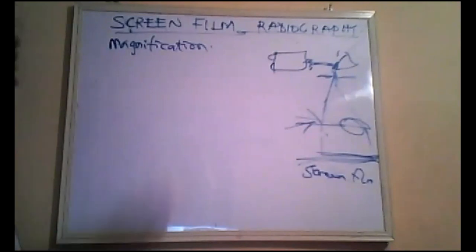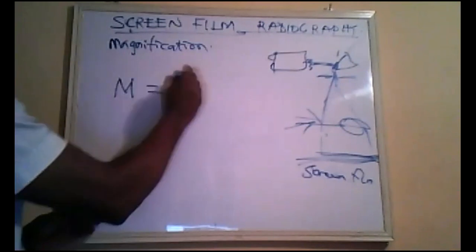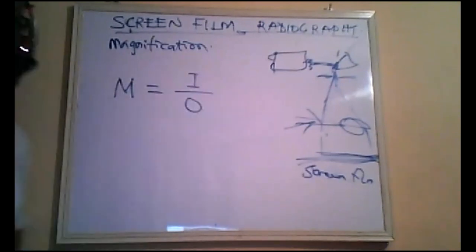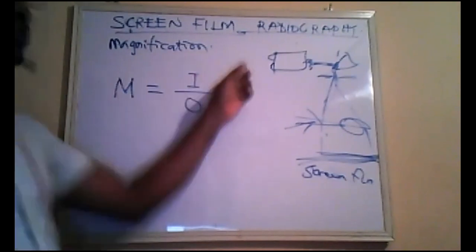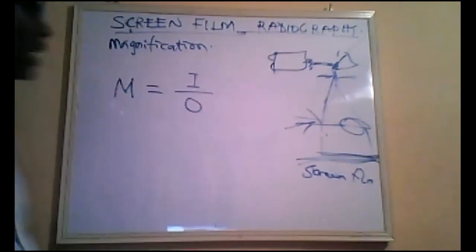Magnification M is simply the image distance over object distance, I over O. Of course, we must have all done that in physics. The image distance over object distance is the same as the image length over object length, and so on and so forth.